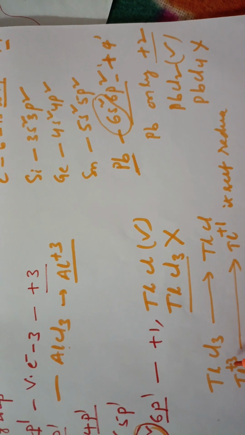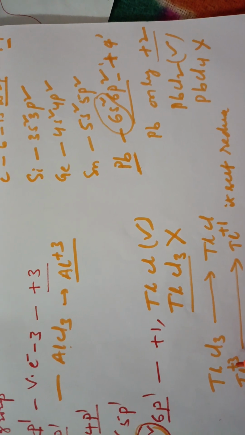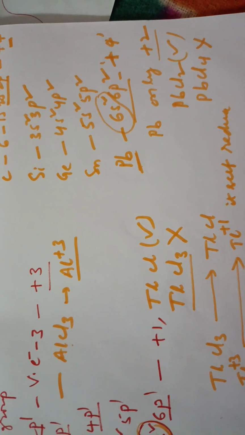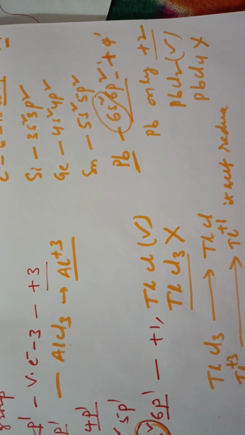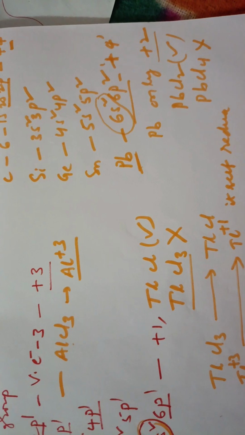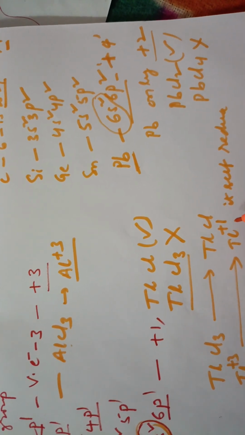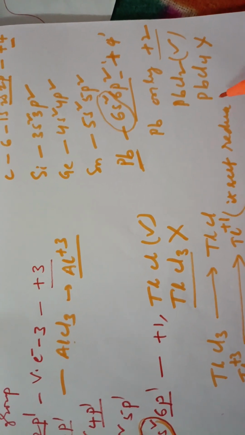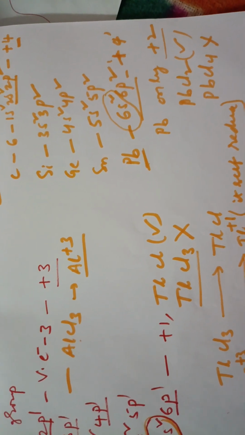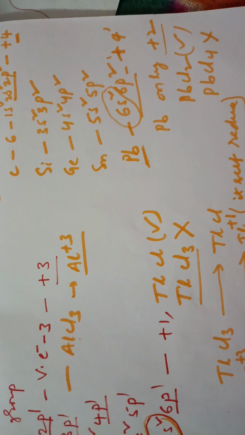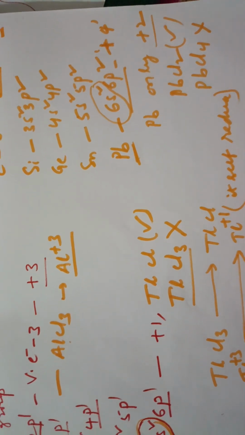If oxidation state increases, that is oxidation. If oxidation state decreases, that is reduction. So here from thallium +3 to thallium +1, reduction has happened. Itself it got reduced, that means it oxidizes the other elements.